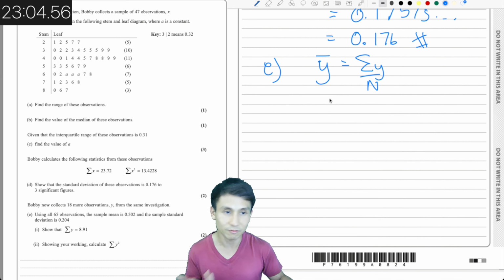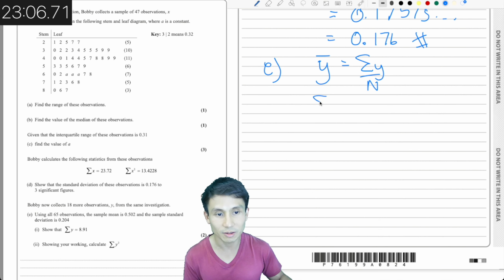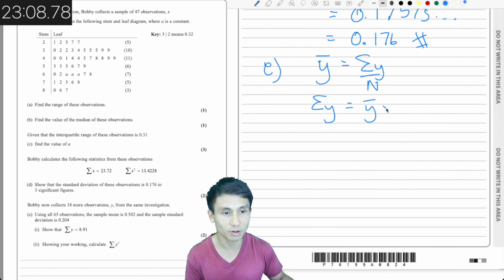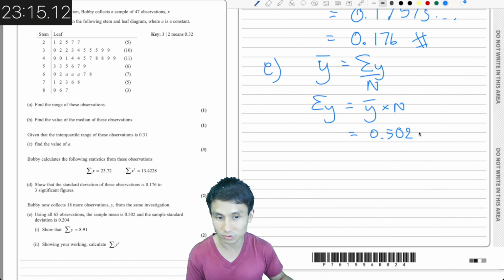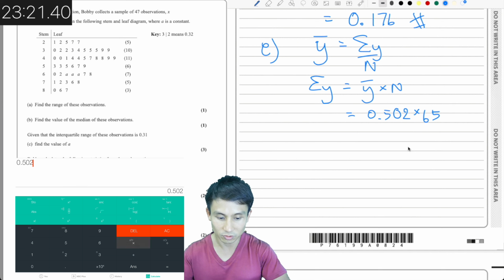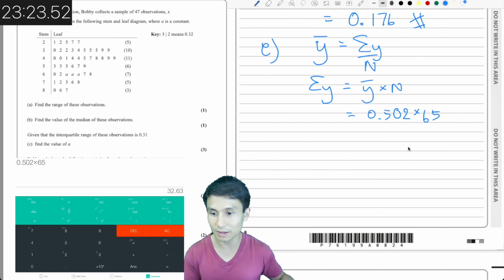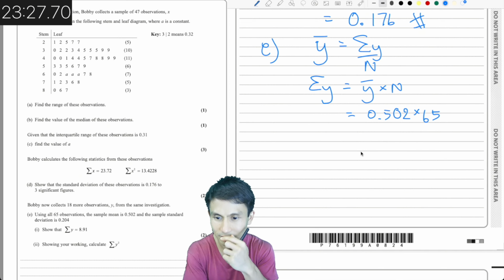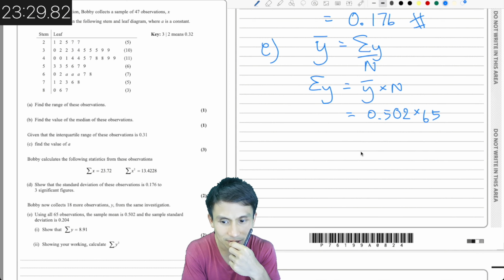If you want to find the mean of anything, that's the formula. So sigma y is just y bar times n, where y bar was given as the sample mean 0.502, times n, which is the new quantity now. So 0.502 times 65. We get, wait, what? Sigma y? That's not right. Hang on.